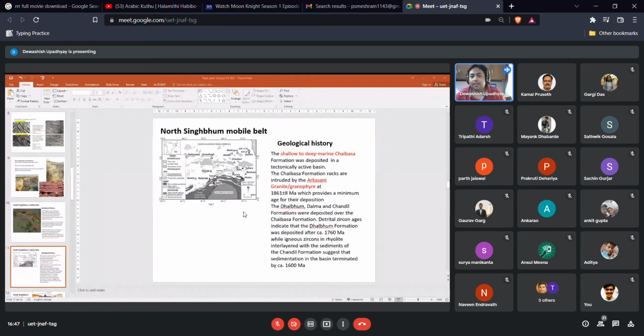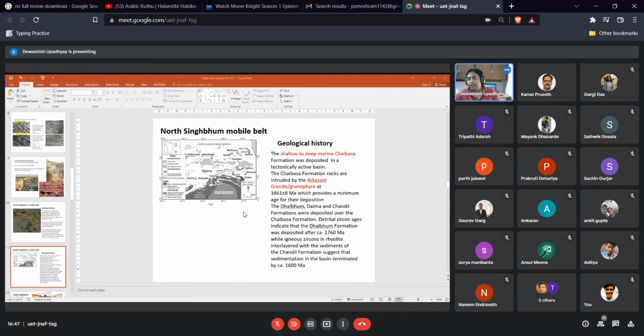Now, can you see the next slide? Okay. After the deposition of the Dhanjori group, you had the deposition of the Chaibasa formation. The Chaibasa formation involves shallow to deep marine facies.